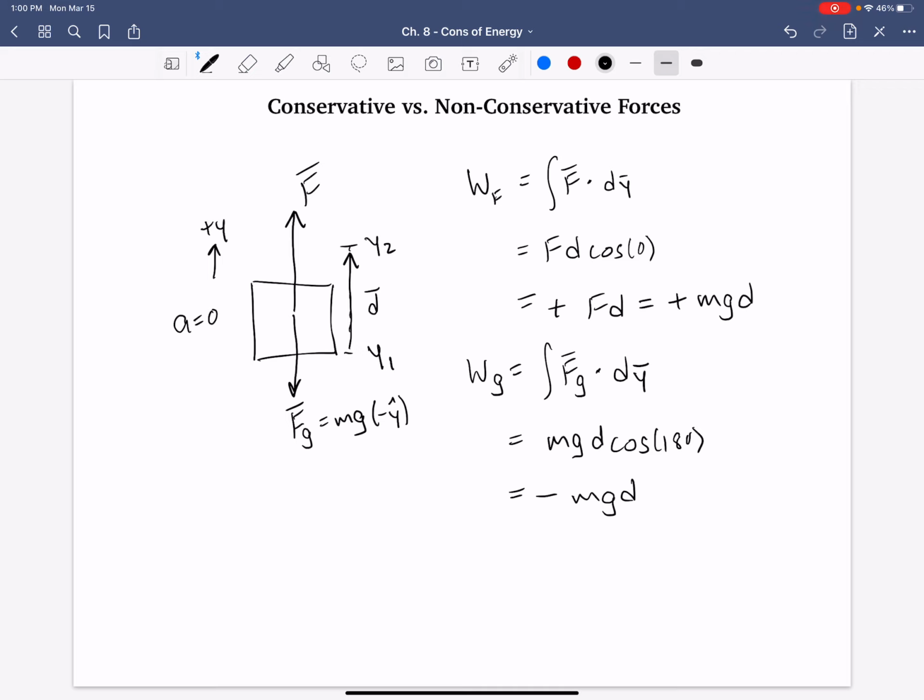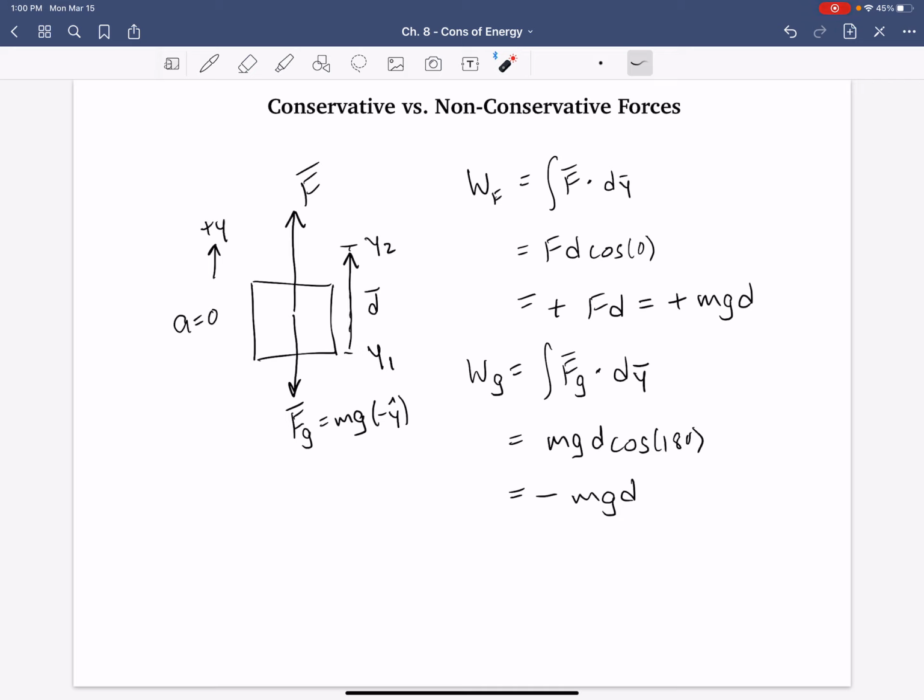If you add up all of the forces doing work on an object from some initial point to some final point, add up this plus this, what do you get? Well, you get 0. It doesn't matter what these actual numbers are. There'll always be mass times gravity times the distance traveled here, and mass times gravity times the distance traveled over here. And that comes straightforwardly from the force dotted with the displacement.